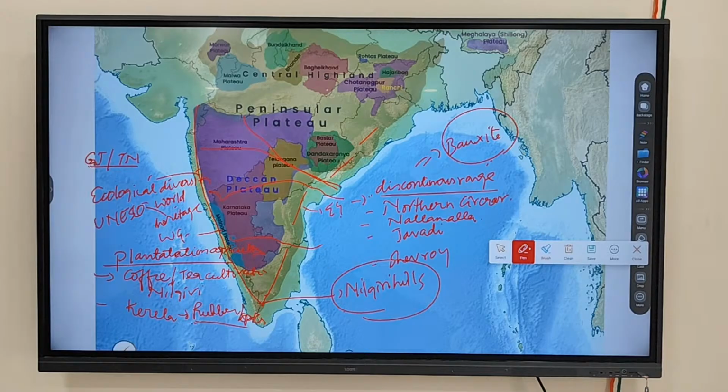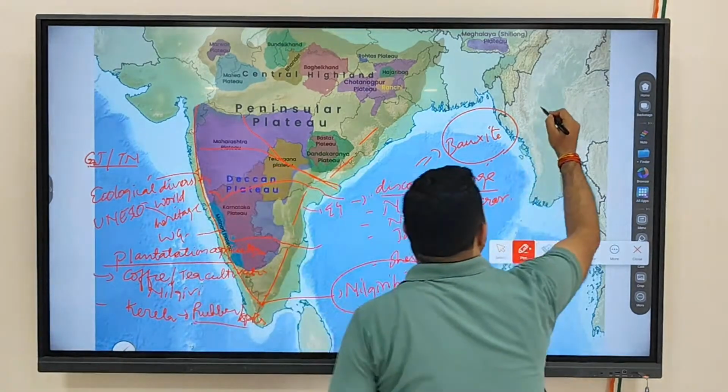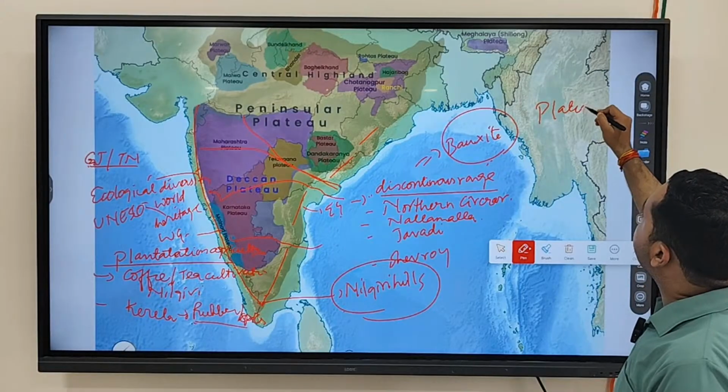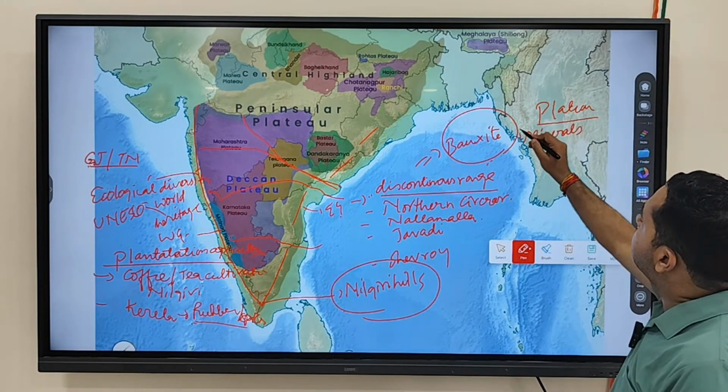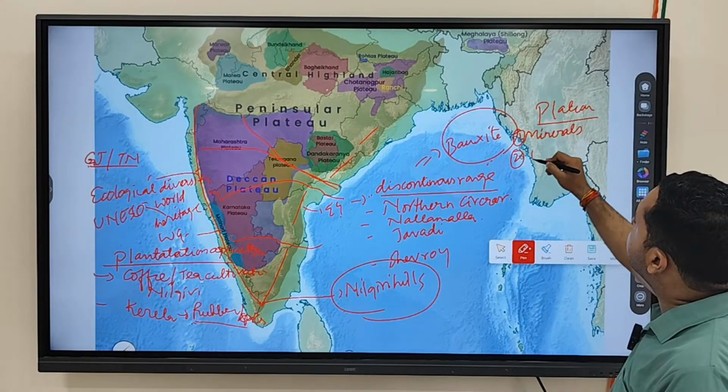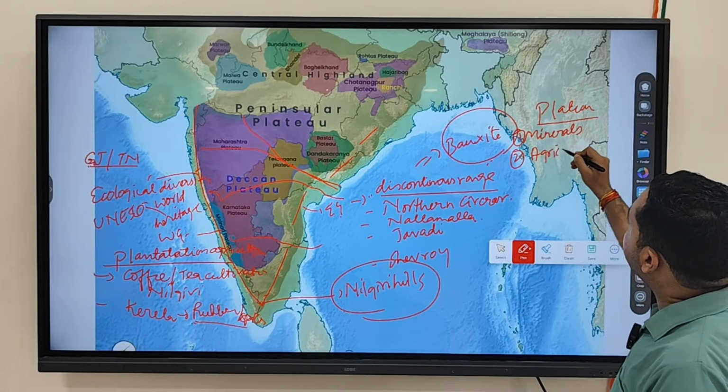Then you see a lot of tourism, because the plateau region creates waterfalls and so on. So it is very important for tourism. So what we have discussed with regard to Himalayas, a similar importance you are finding with regard to the plateau region also. The plateau region is very important for minerals. It is very important for agriculture.